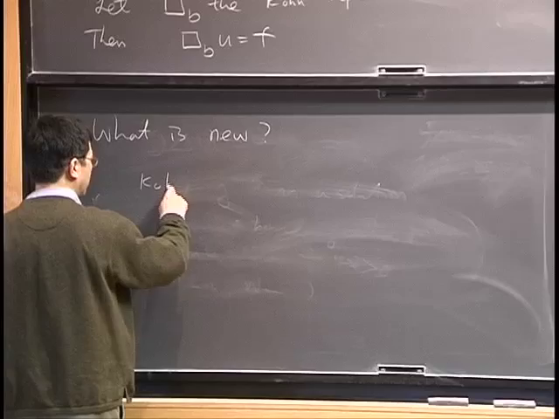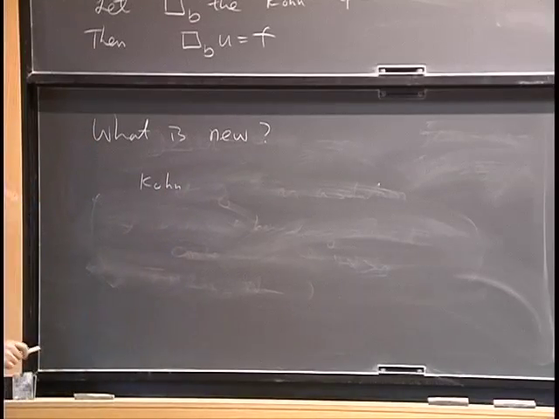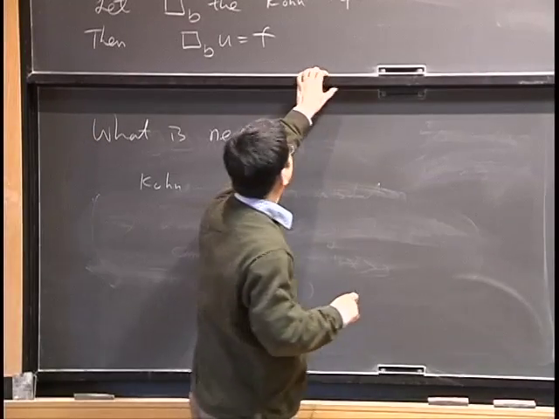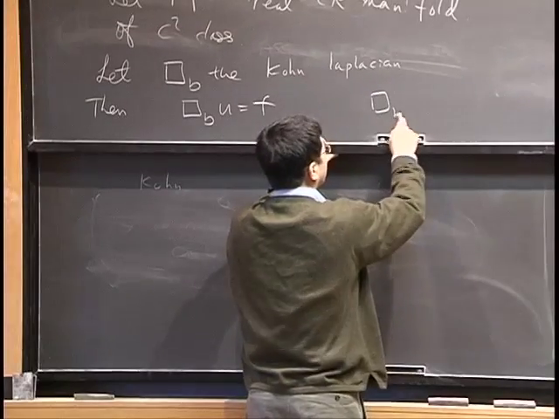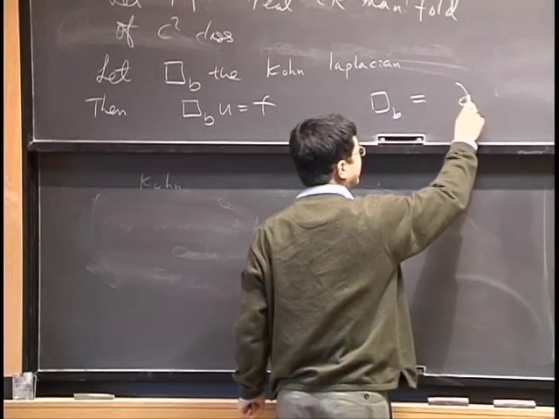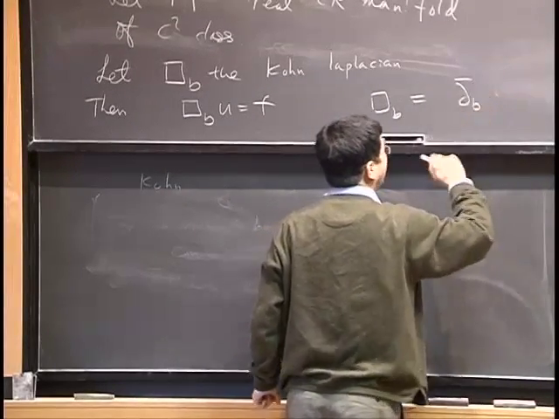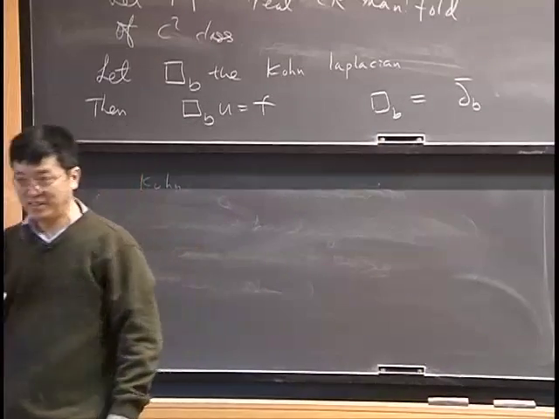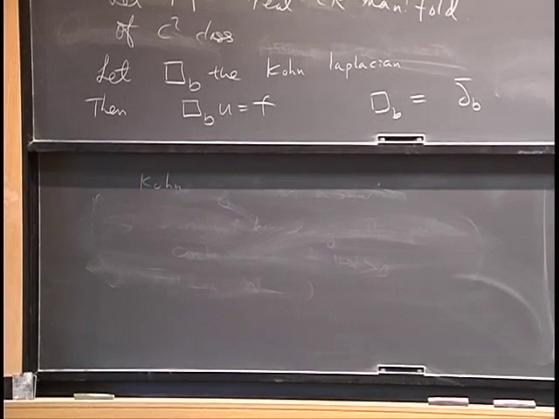I think, Kohn. Can you recall the definition of the Kohn Laplacian? Yeah. The Kohn Laplacian: you first define d-bar, the d operator on forms, but along the tangent.